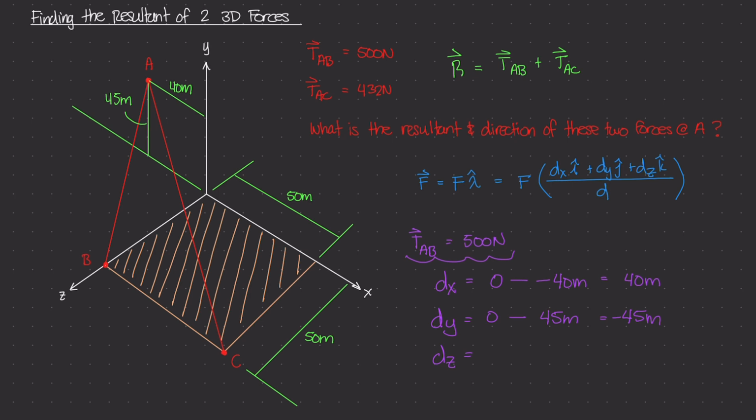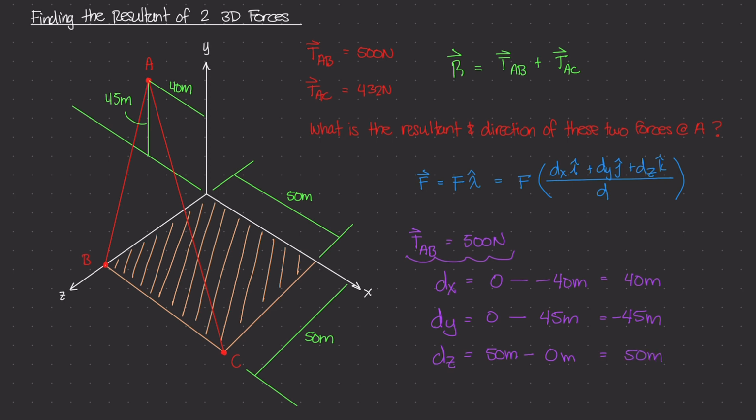Then minus whatever the z-coordinate for point A is. Remember from the start of the video, I said that point A is within the xy plane only, so it doesn't have a z-coordinate. Well, it does, but it is simply 0. So we subtract 0 meters here, and we get a value of positive 50 meters.